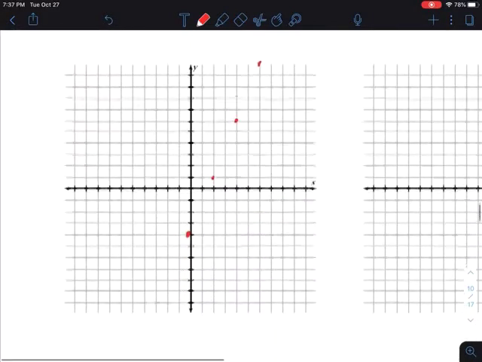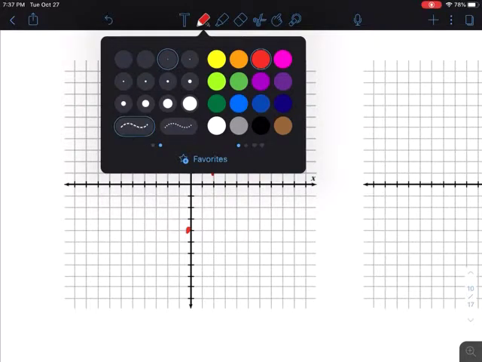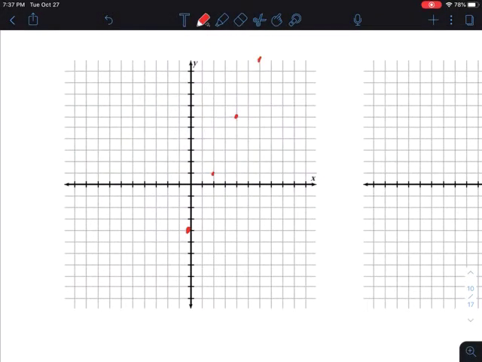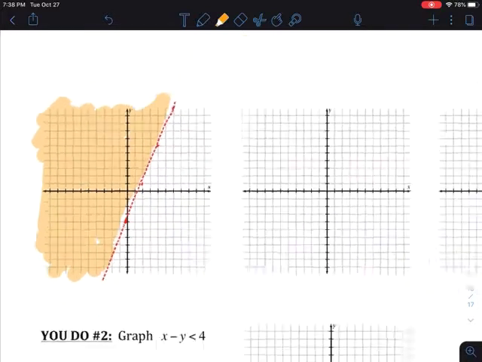There's no underline, so that's going to be a dashed line, shade above for greater than. And done.